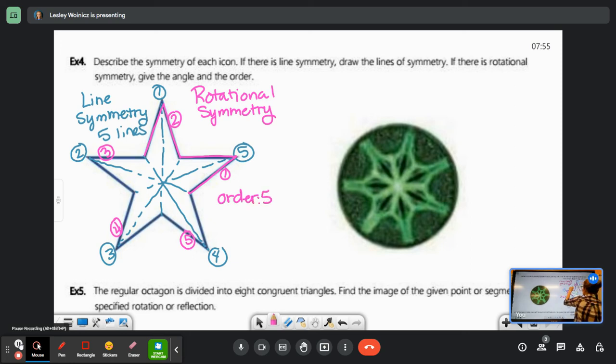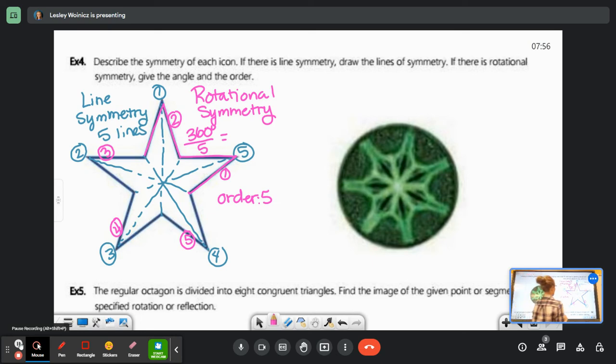Well, let's take 360 and divide it by the order of 5 and see what angle we get. I already forgot what it was. I wrote it down last night, but I forgot. Okay, 51.4 degrees.